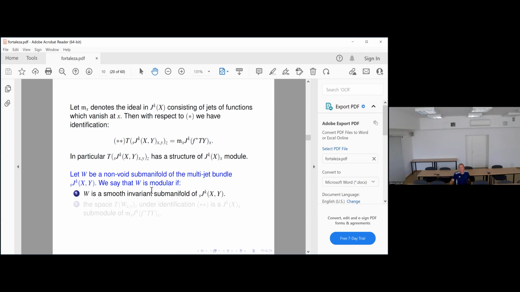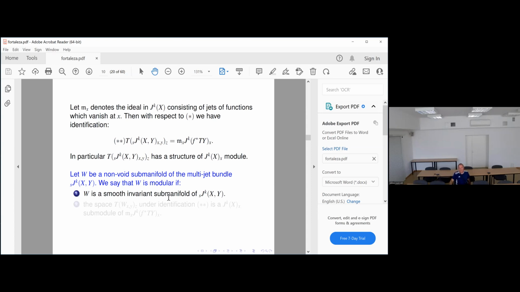And now we need the basic definition of the modular set. All this which I introduce here has this aim that I would like to use some version of Mather's theorem to build some theory like Whitney-Thom theory, but in the algebraic case.